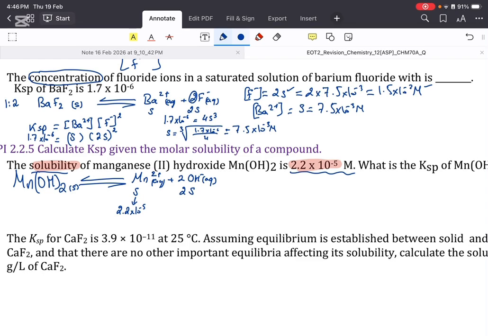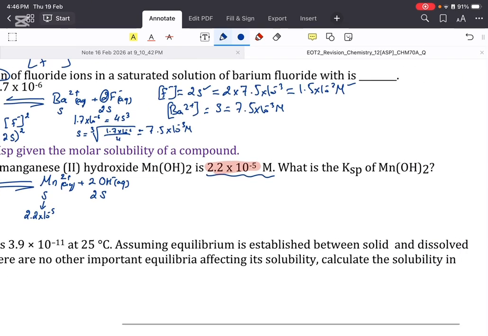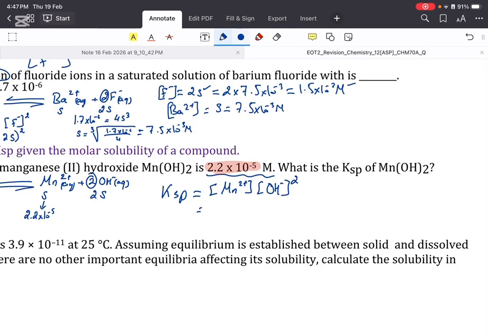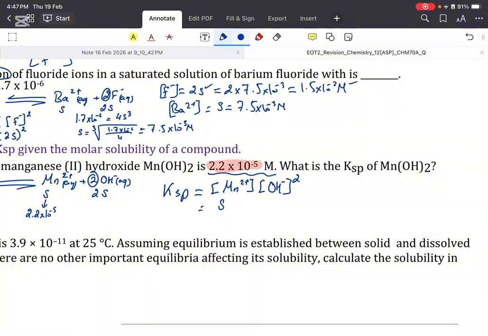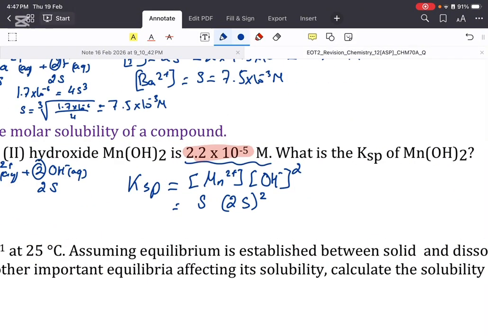What is the KSP? KSP here is equal to Mn2 plus multiplied by OH minus squared. Mn is equivalent to S and OH minus is equivalent to 2S, squared.